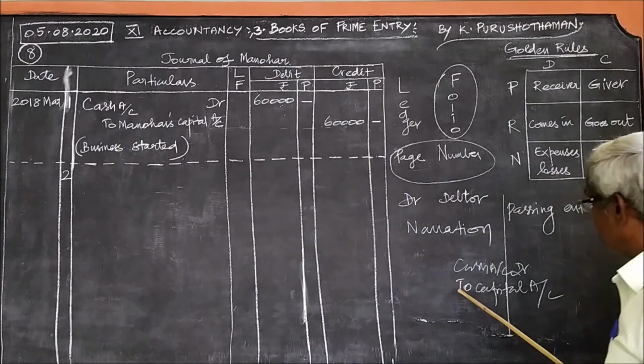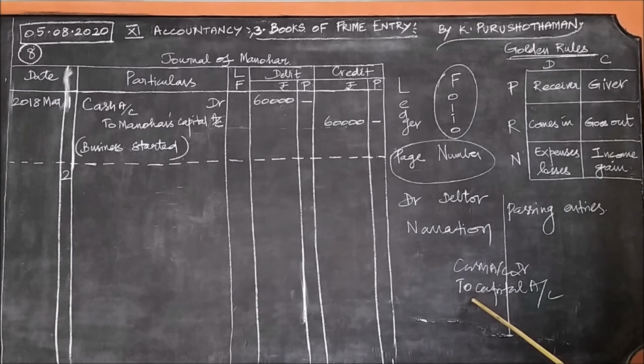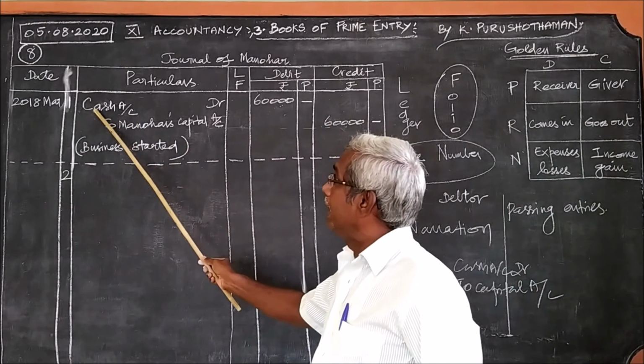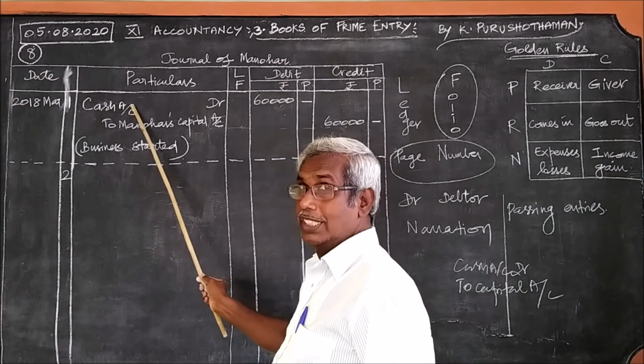Not like this. This is cash account debtor. To, don't write here or here, somewhere like here. No, it is not permitted. It is not the correct procedure. So you should write "to" in the middle of this word.